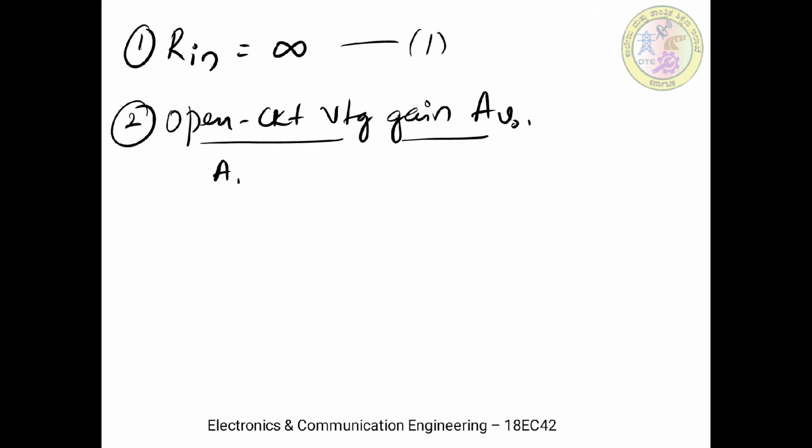That is the definition. The condition here is that RL is considered as infinite. That's why it is an open circuit voltage gain. Now from the equivalent circuit, we can write the expression for V0 and Vi.